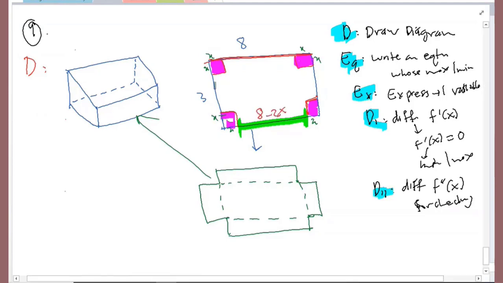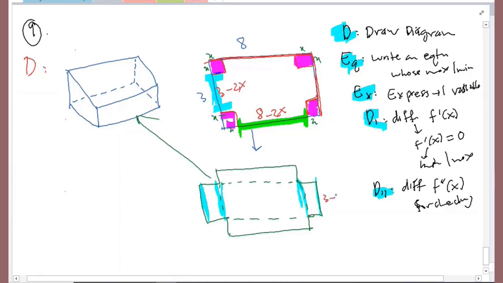This other side is all 3, so it is the same: 3 minus 2x, all the same.